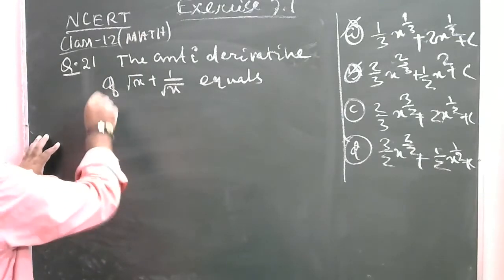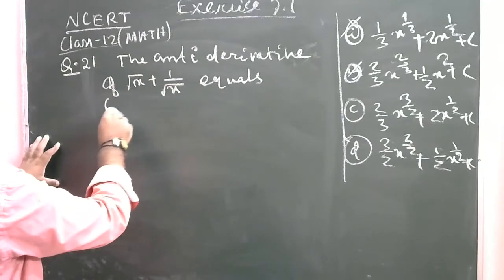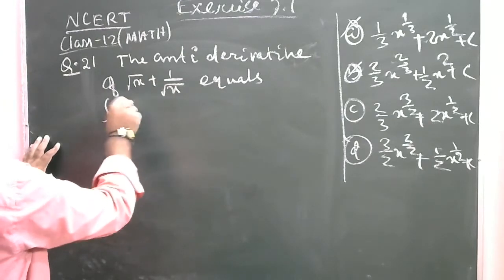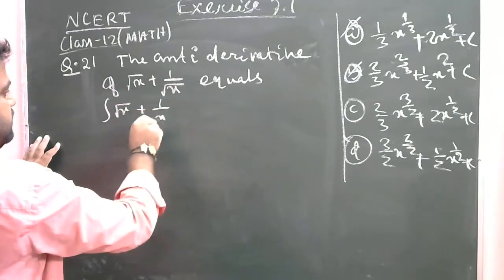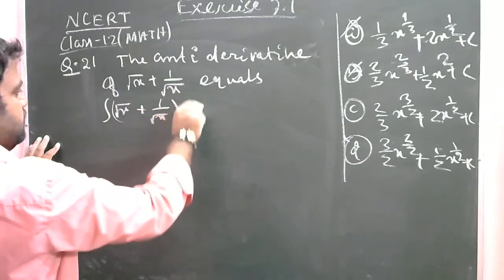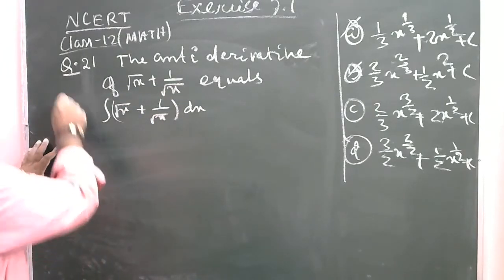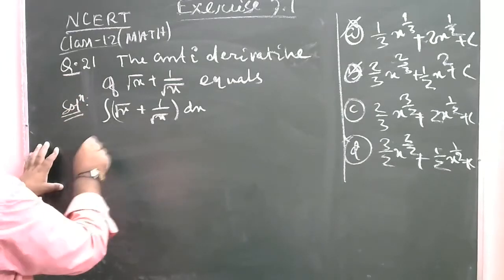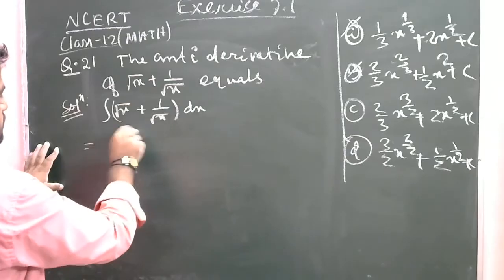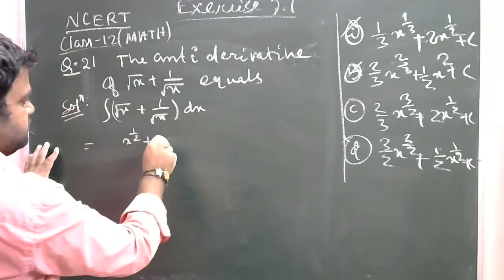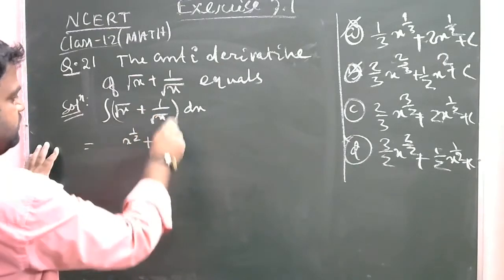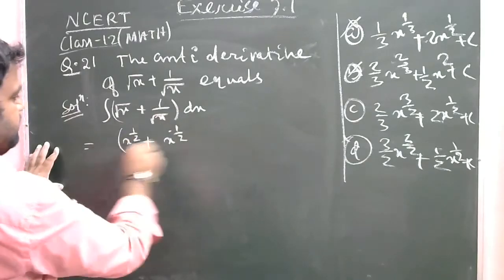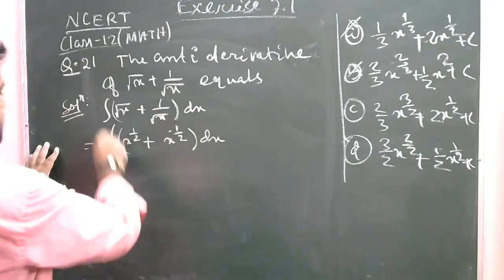So we'll find the antiderivative, meaning the integration, of root x plus 1 by root x dx. This is equal to root x, meaning x to the power half, plus 1 upon root x, meaning 1 upon x to the power half, which, taking it to the numerator, is x to the power minus half, dx.